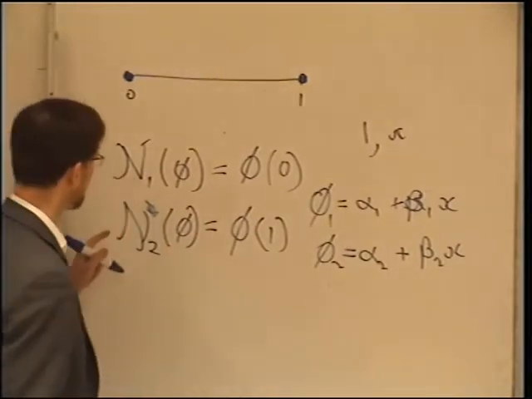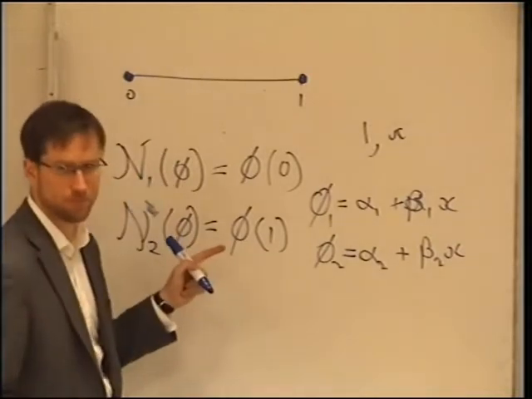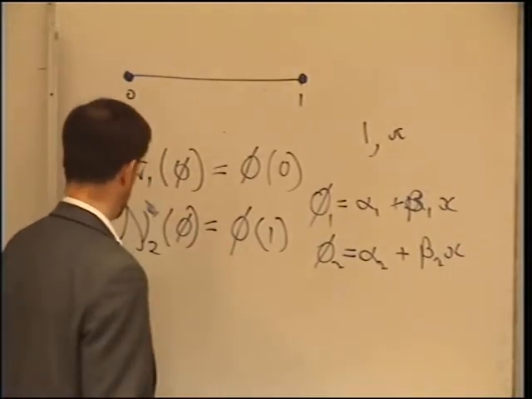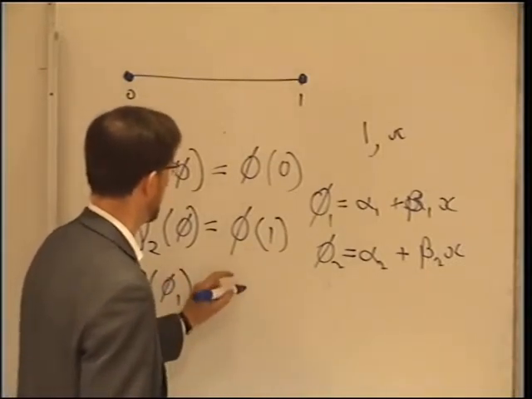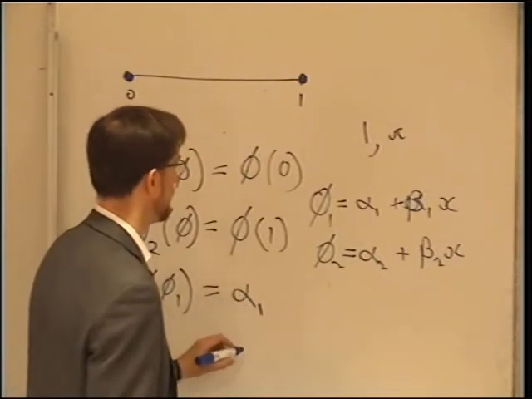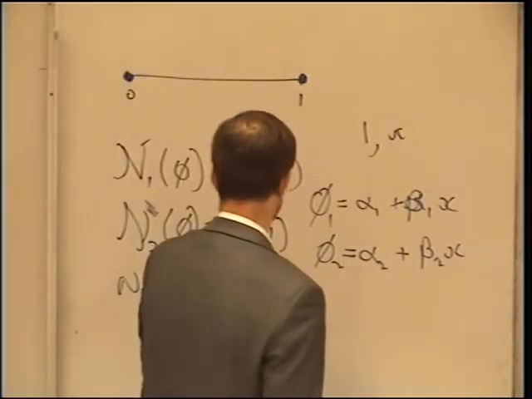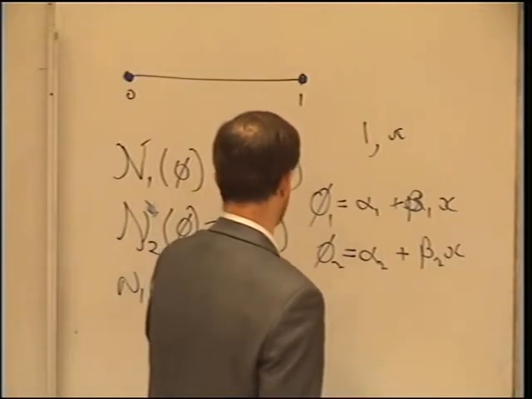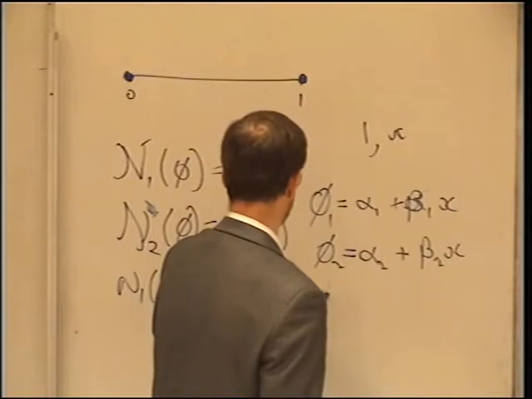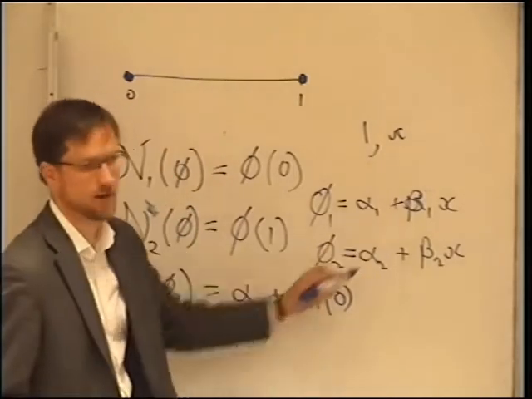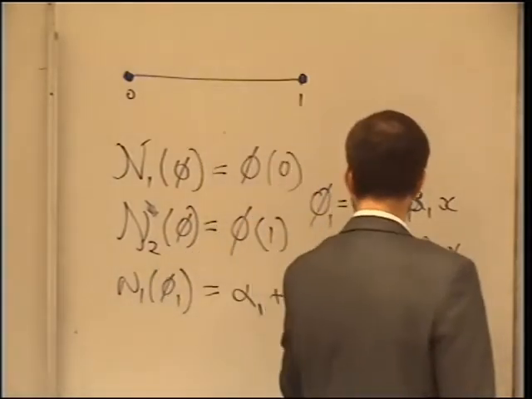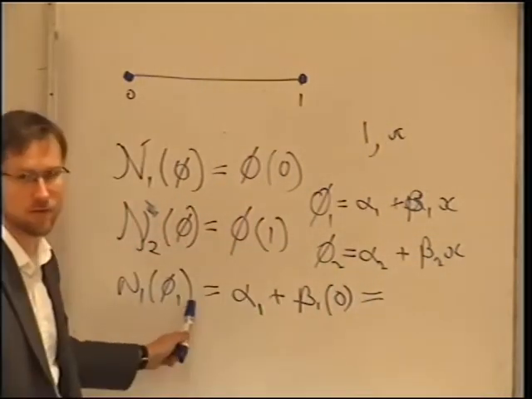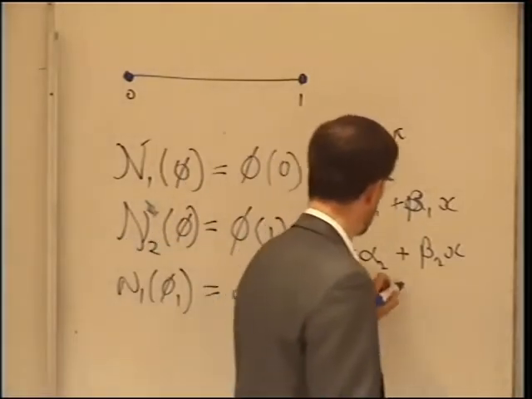So that means that n1 of phi 1, which is equal to alpha 1 plus beta 1 times 0, times x at 0, because that's what this node means. In this case they match, phi 1 and n1, so that has to be equal to 1.